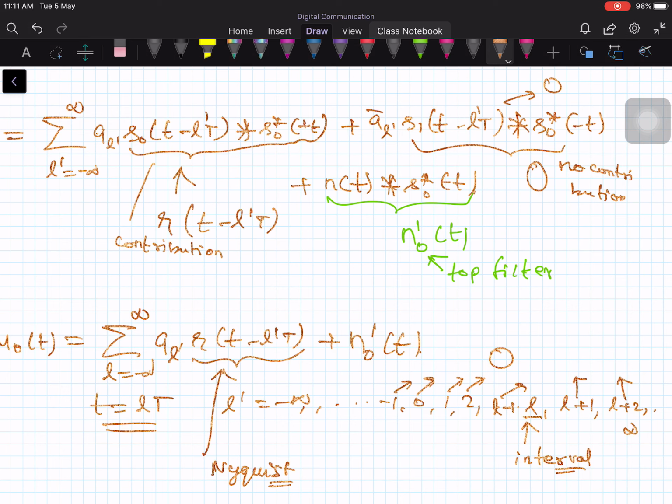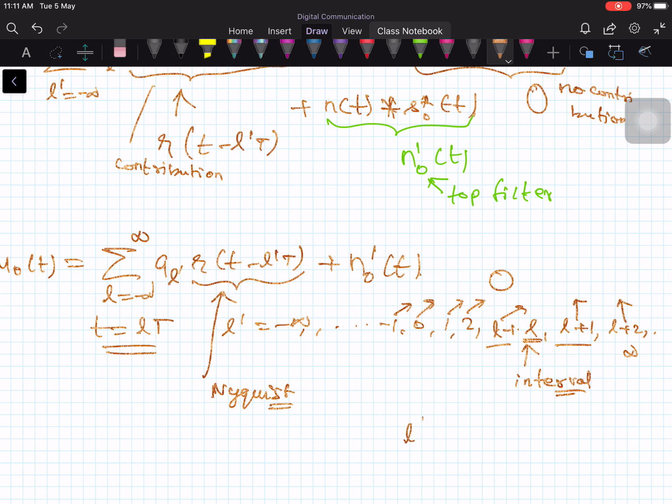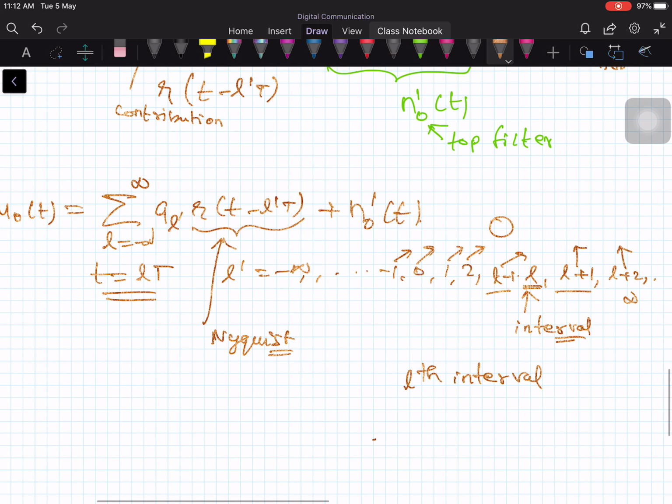When you consider the Lth bit interval, the outputs in the L minus 1th interval or L plus 1th interval will not interfere with the Lth interval. The contribution from L minus 1, L minus 2, L plus 1, L plus 2 intervals is 0.